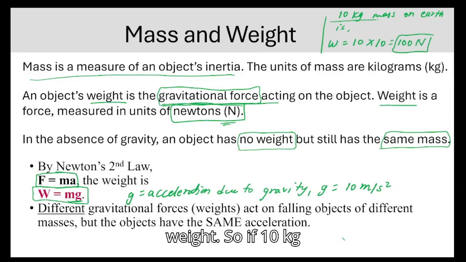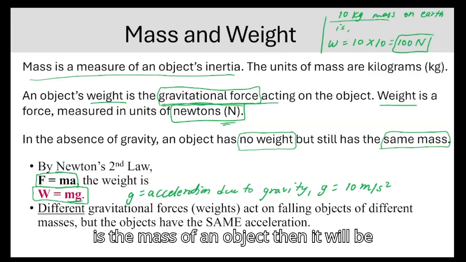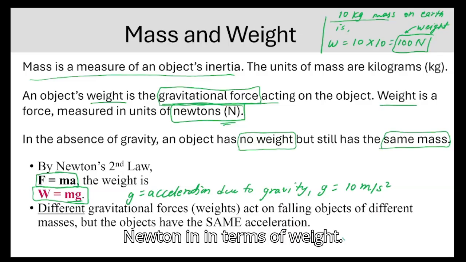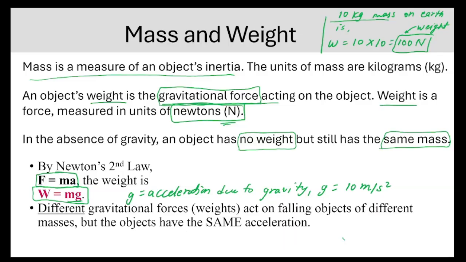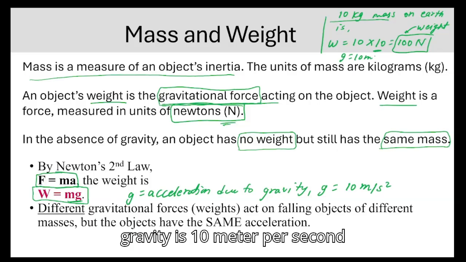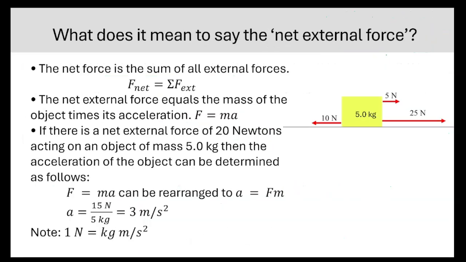So if 10 kg is the mass of an object, then it will be 100 Newton in terms of weight, given the acceleration due to gravity is 10 meter per second square.